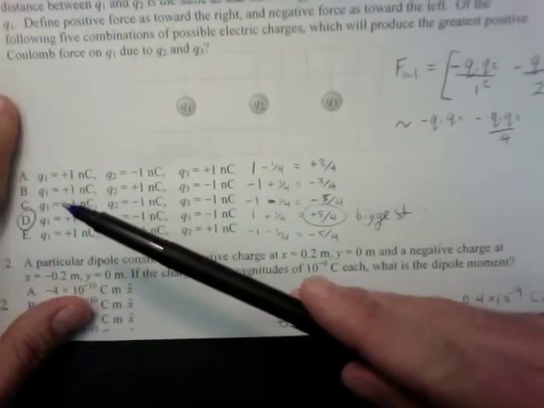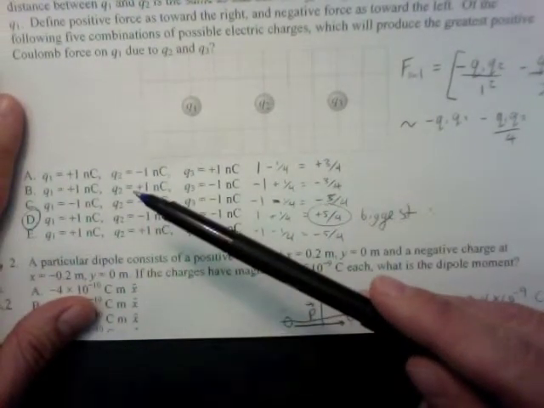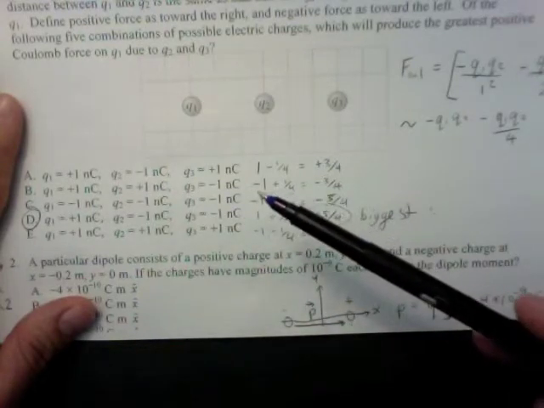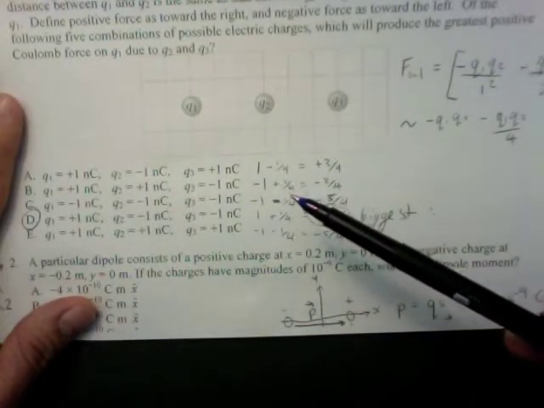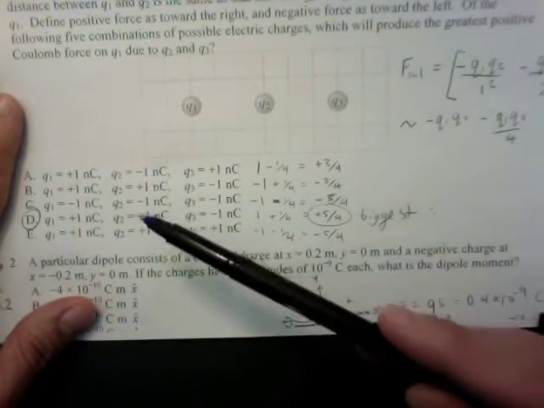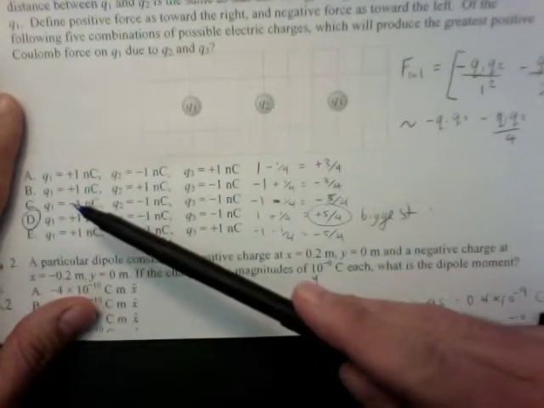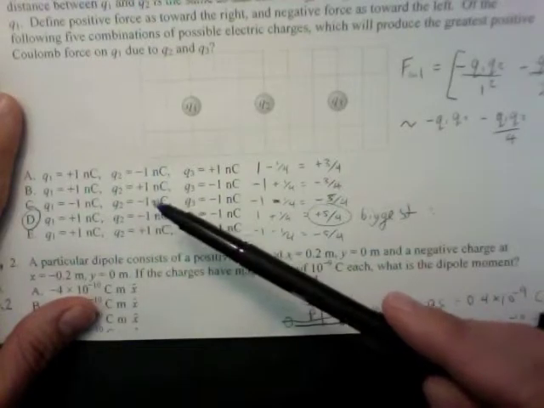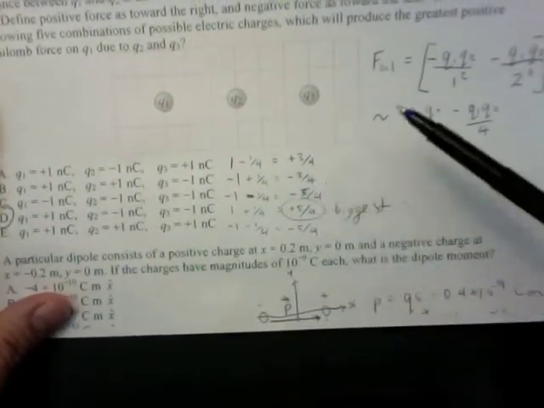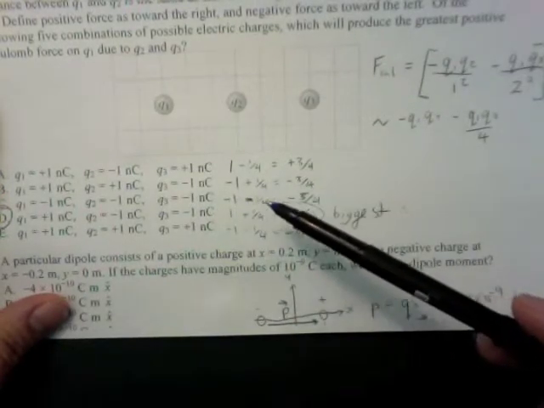If I look at B, now Q2 is positive and Q3 is negative, so we have negative 1 plus a quarter. That comes out to minus 3/4. For C, Q1 is negative and these are both negative, so negative times a negative is a positive, but there's minus signs, so we have -1 minus a quarter.